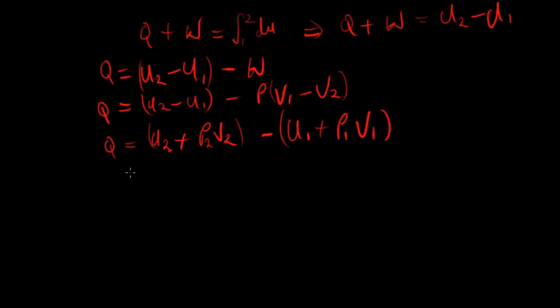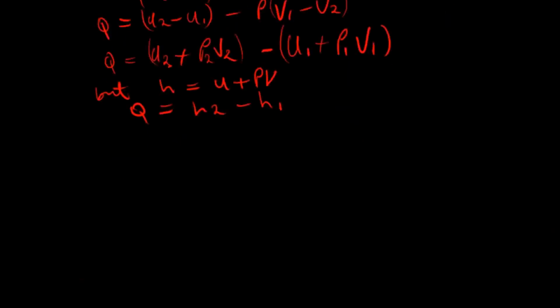So having said this, we can go down and say, but H is equal to U plus PV, then that implies that this becomes H2 minus H1. Having said this, we are going to use this to prove the steady flow energy equation.